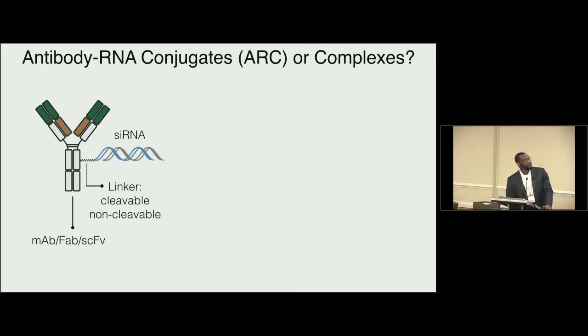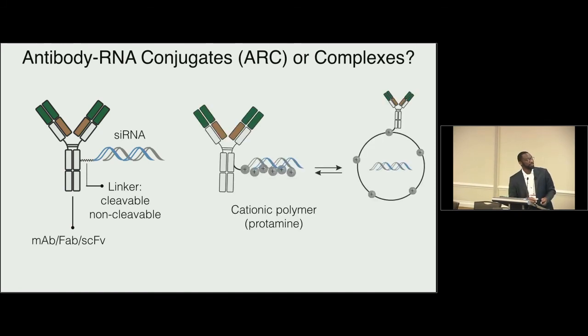So actually, the majority of stories that you'll see today are actually antibodies conjugated to cationic polymers or sequences, and then your RNA is complexed to those. Those are also called ARCs. Those are antibody-RNA complexes, not antibody-RNA conjugates. It's a subtle difference, but it is a difference. I don't consider these single conjugates. Why? Because I think ultimately these will form a nanoparticle.